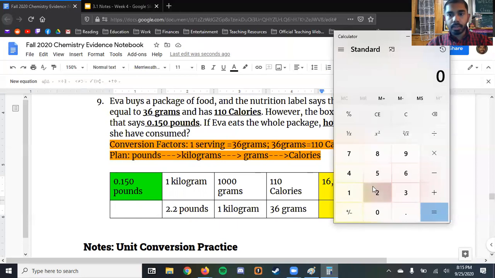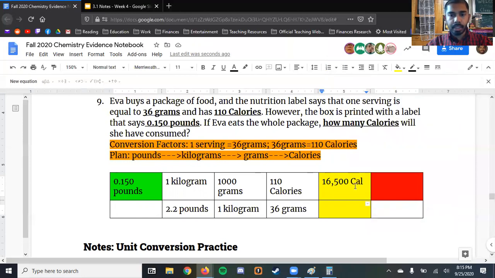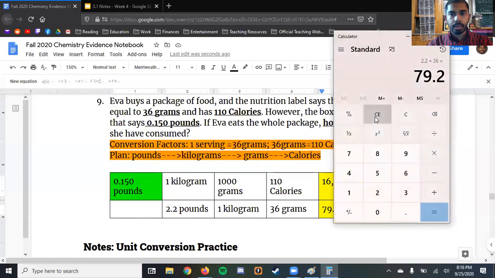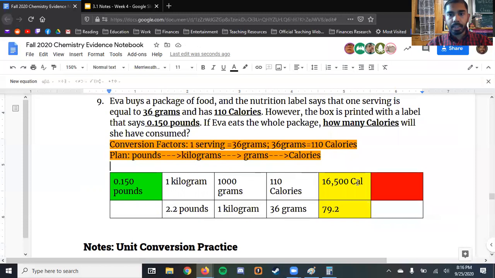Next up, we're going to do 2.2 times 36, 79.2. No units, because these all have canceled each other out. Let's figure that out. 16,500 divided by 79.2, 208 calories.